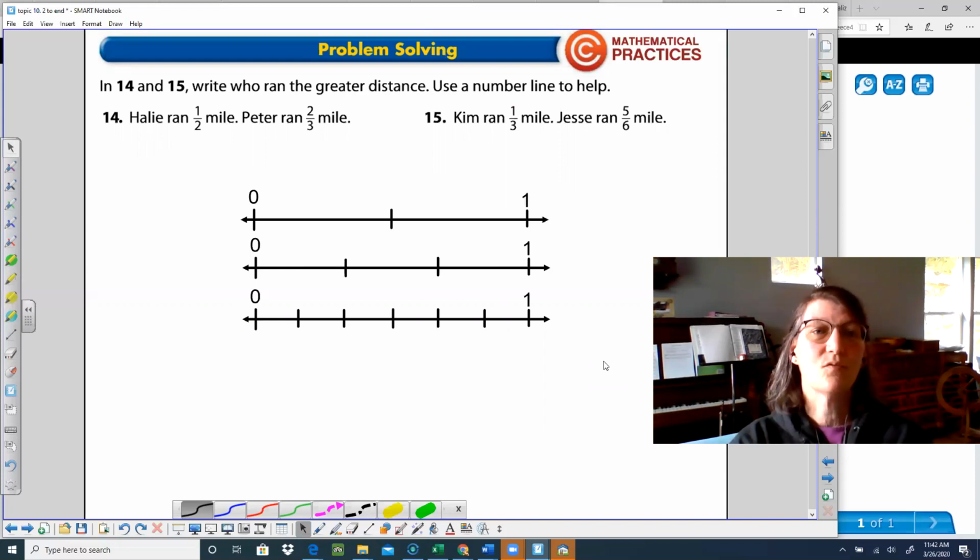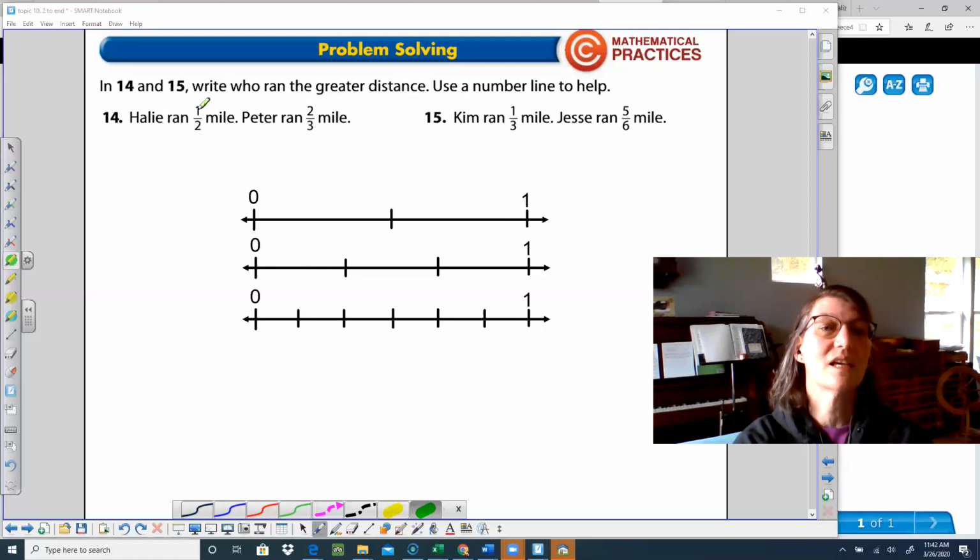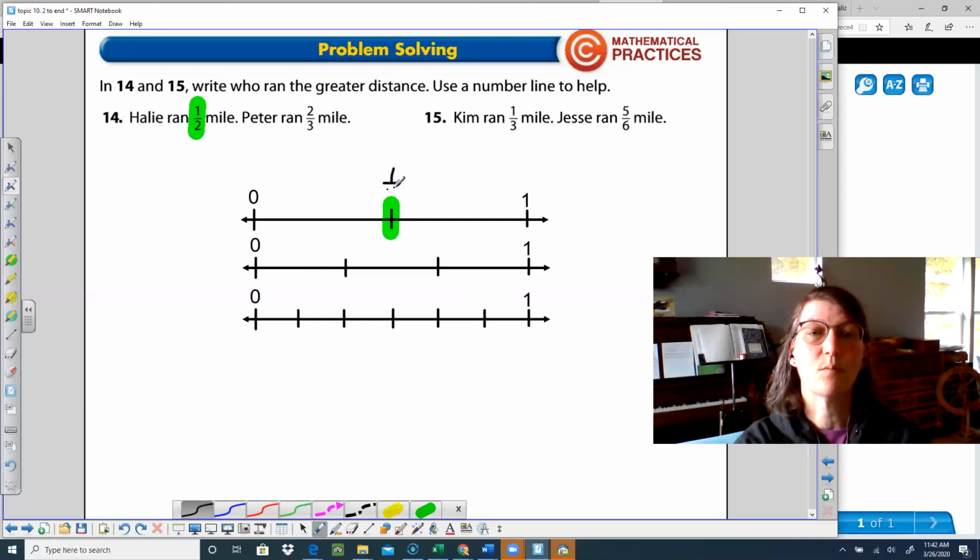So Haley ran a 1/2 mile. Peter ran 2/3. So if we were live on Zoom, I'd have somebody point out where half is, but bummer. I don't have anybody playing on the internet with me today. Okay, so we are going to mark Haley as 1/2. And hopefully you went, ooh, here's Haley. That's 1/2. So I'm going to mark that as 1/2. So please label your number line now.